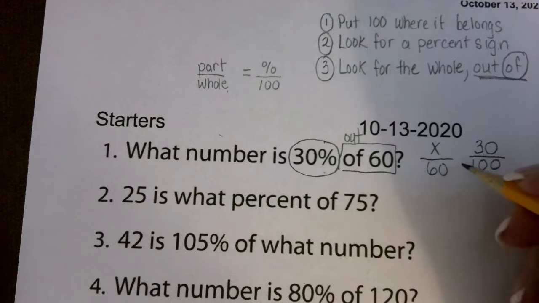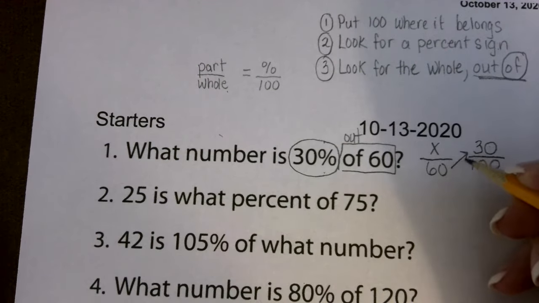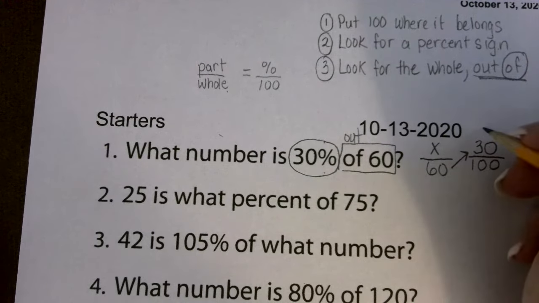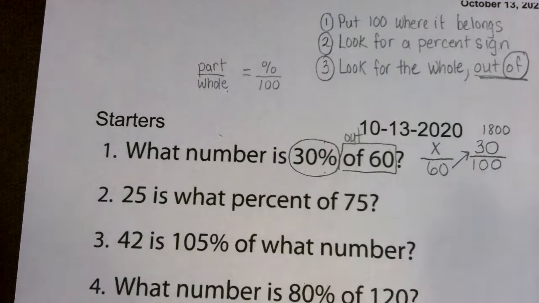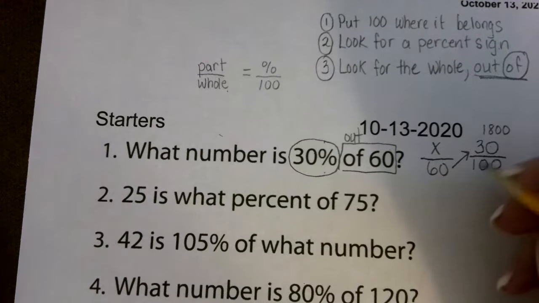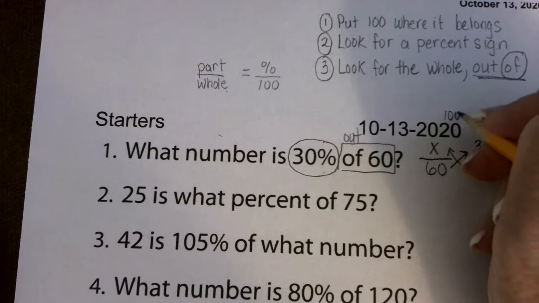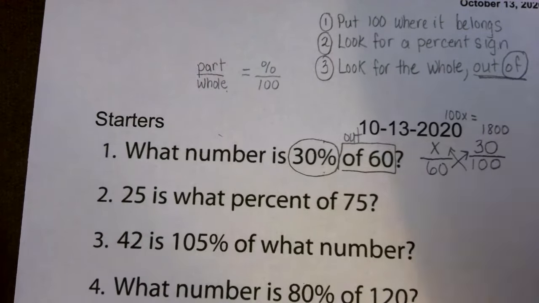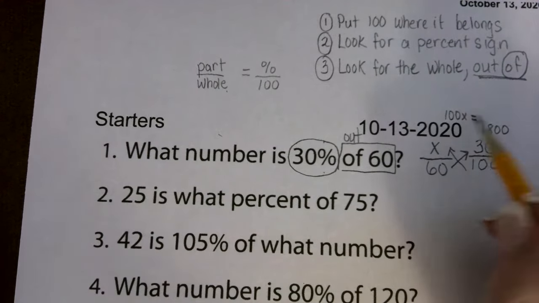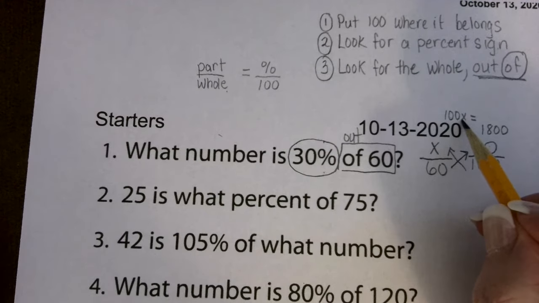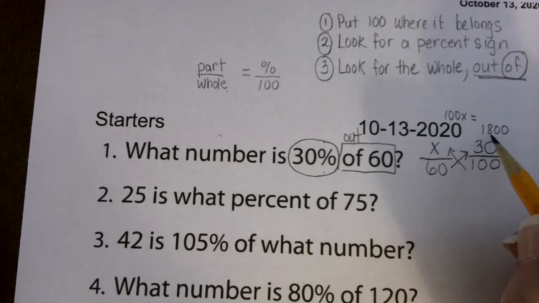Once I've got my proportion written, I cross multiply 60 times 30 is 1800. And then 100 times x is going to give me that 100x. Those two things have to be equal. So 100 times some number has to equal 1800.